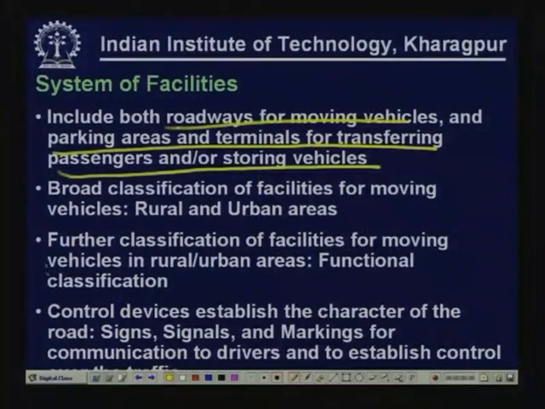Rural means essentially non-urban areas, so we normally call them rural roads or highways in rural areas. Further classification of facilities for moving vehicles in rural and urban areas is done based on functional classification.